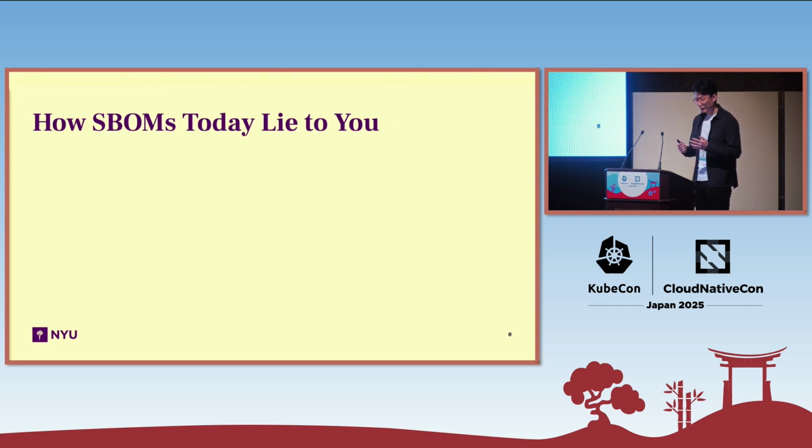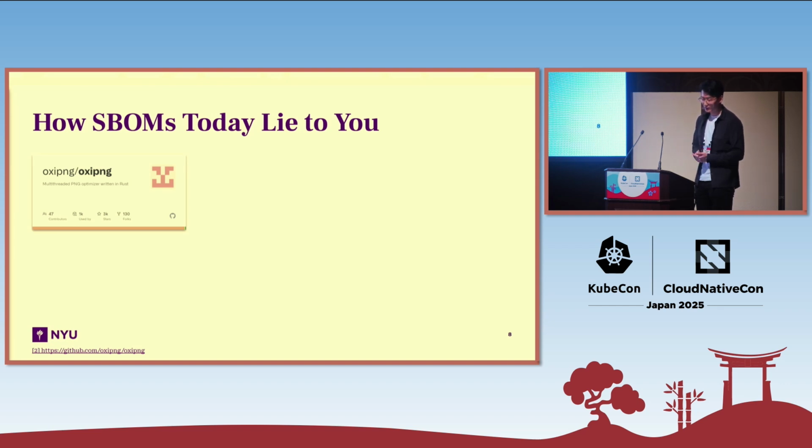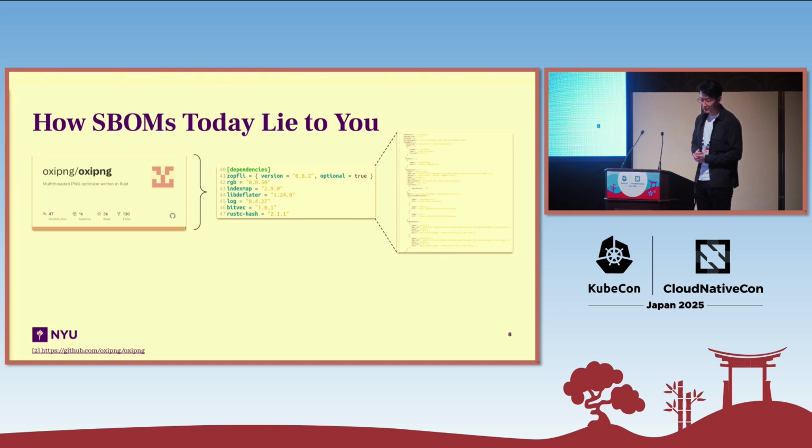Let me show you a real-world example from our own lab using the Rust project OxiPNG. This is a multi-threaded PNG optimizer. It's open source, actively maintained, and fairly typical of what many of us work with. If we generate an SBOM from it, we can see it contains 12 dependencies and 36 transitive dependencies.